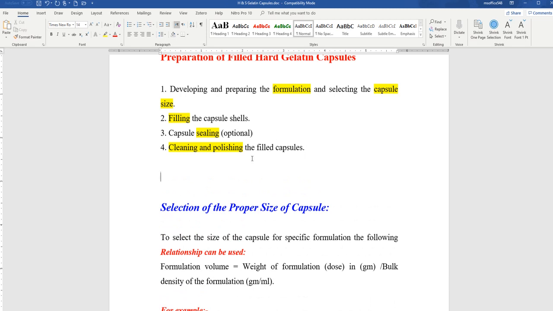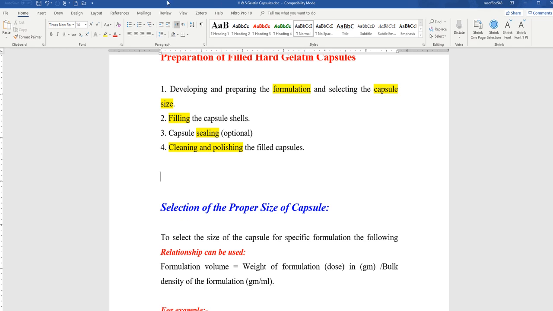Take your formulation, okay, put it in a measuring cylinder. For example, weigh 50 gram of your formulation that contains the drug and other excipients. Okay, fill them in a measuring cylinder, tap the measuring cylinder, knock the measuring cylinder so that the volume gets reduced to the smallest volume you are able to reach.